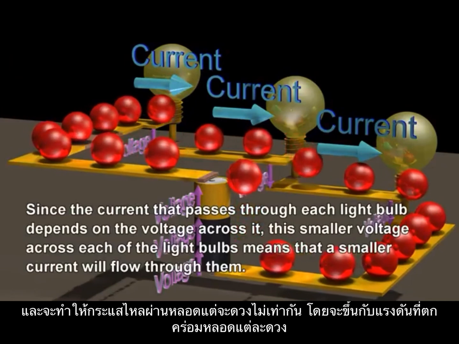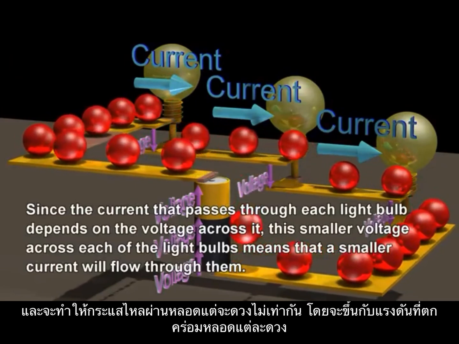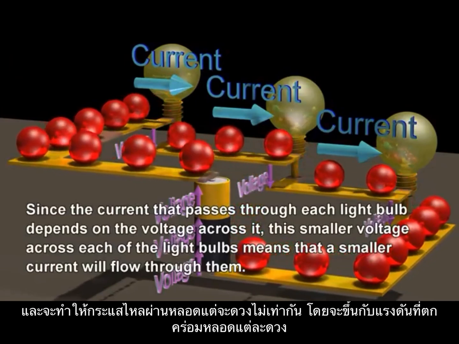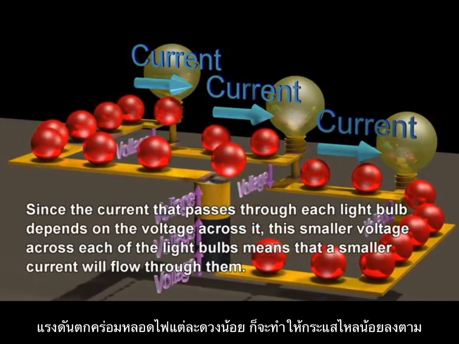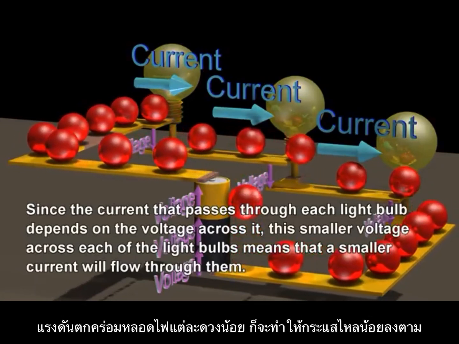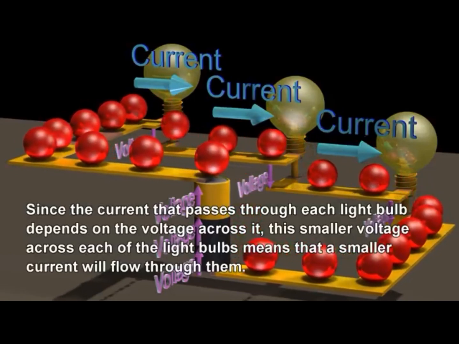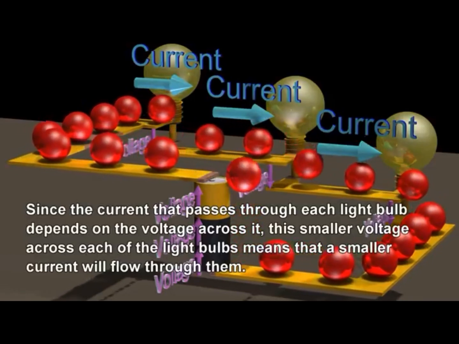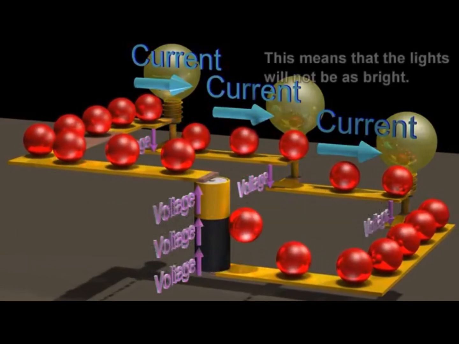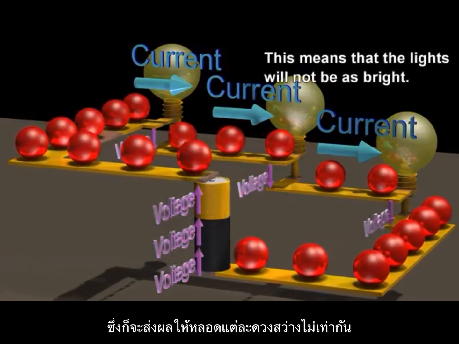Since the current that passes through each light bulb depends on the voltage across it, this smaller voltage across each of the light bulbs means that a smaller current will flow through them. This means that the lights will not be as bright.